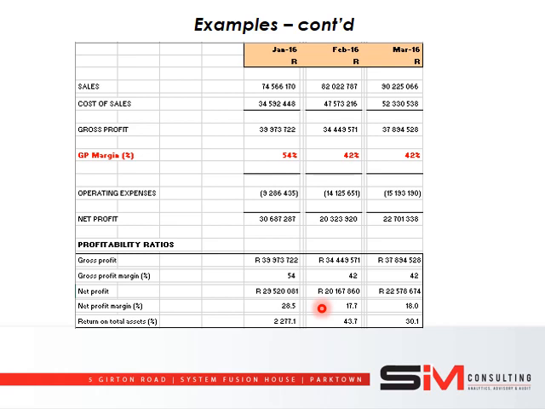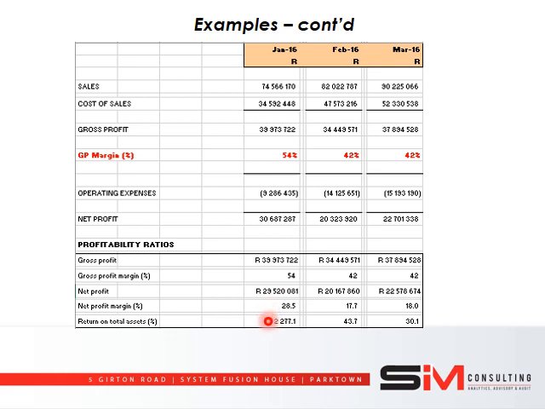Net profit margin, same. Net profit margin of February 2016 shows 17.7%. Net profit margin of January 2016 shows 28.5%. When you compare the two again, you can see that you are having a decline of 11%. Again, because that is a negative, it shows poor performance.